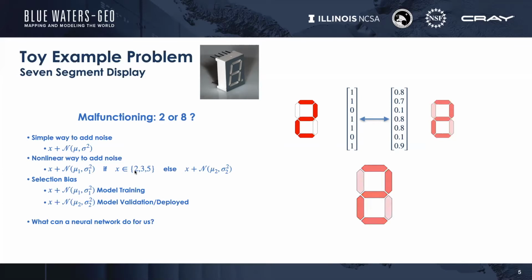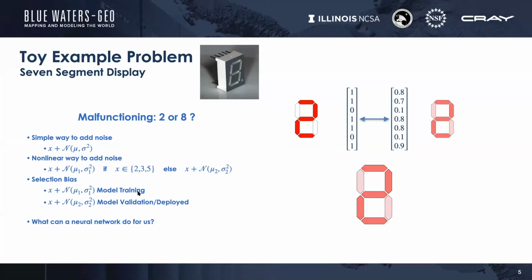So if your digit is 2, 3, or 5, you sample from this distribution, and if it's everything else, you sample from this distribution. It's a simple way of studying what nonlinear noise might look like.